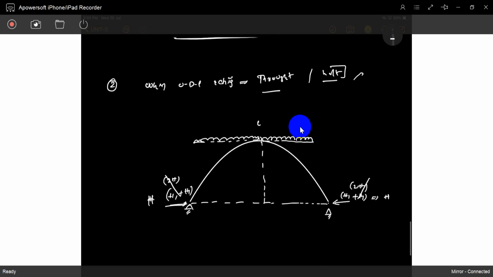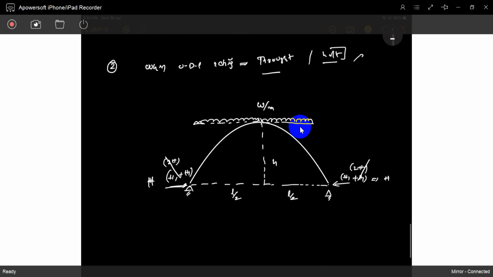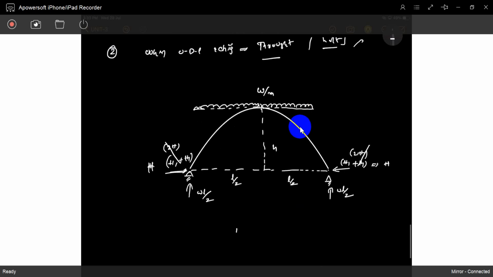So this intensity is W per meter. This is L by 2, this is L by 2, this is H. What is this value? You already know total load is W into L, so it will be WL by 2, this is WL by 2. And what is the bending moment at a certain section?